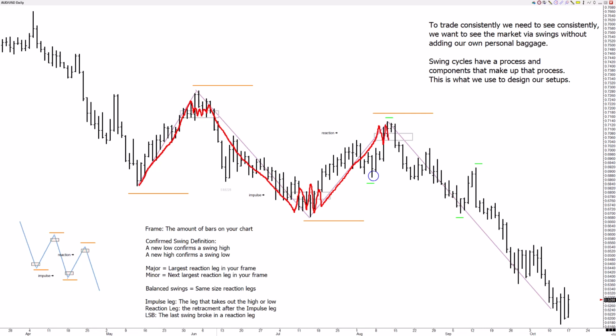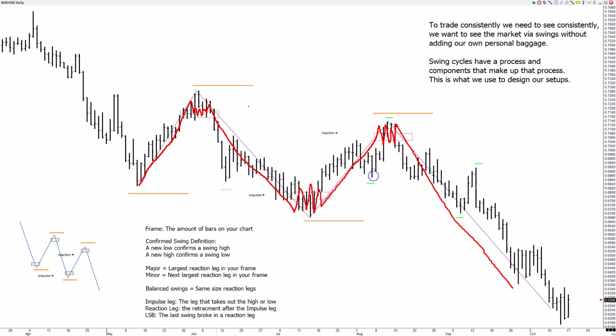And this will slow down. And so here we have a process. We've got reaction, shelf, impulse, shelf, reaction, shelf, impulse.